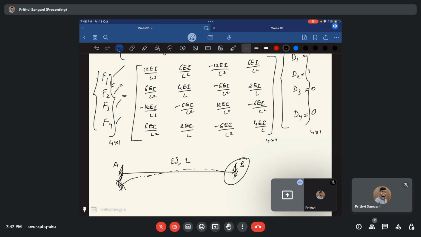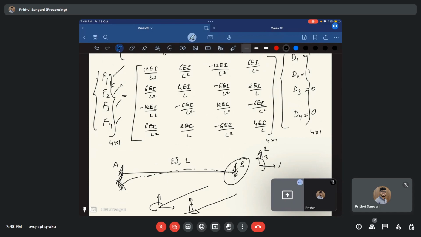Because here, the important thing is we assumed our Cartesian coordinate system, something like this, right? So this is 1, this is 2, and this is 3. So what if you have a beam inclined like this? Here this is 1, this is 2, this is 3. If you want to find the shear, it should be along the beam, right? So the shear force is something like this, and the axial load is something like this, and the moments don't have any problem.